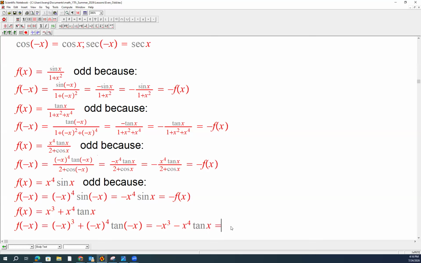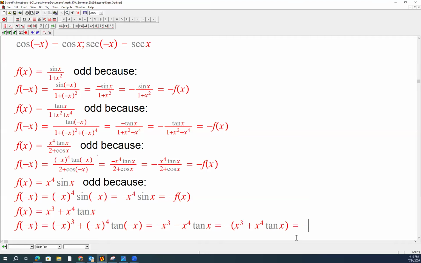So here we go. And then we're going to factor out the negative sign. We get x raised to the power 3 plus x raised to the power 4 times tangent x, so the negative sign gets factored out.